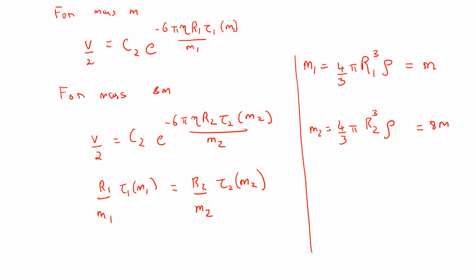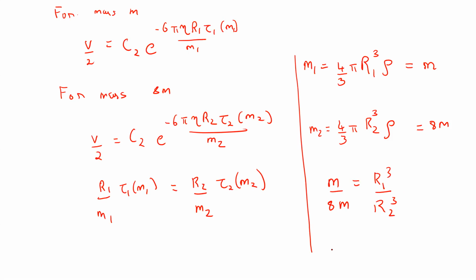So now let's divide these two equations and get a relationship between m1 and m2. So we divide these two equations, we'll get m by 8m is equal to r1 cubed by r2 cubed.